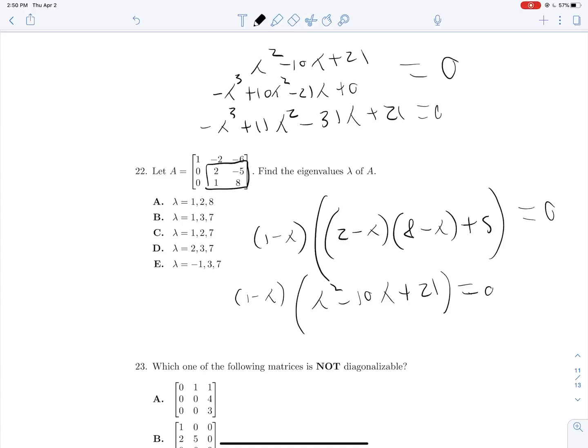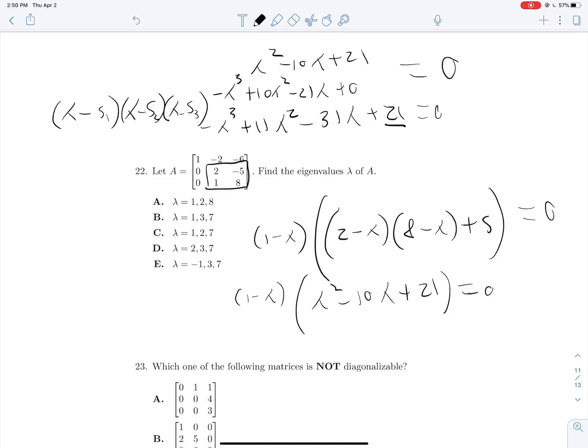And before anybody has a heart attack here, first of all, if they ever make us factor some expression like this, some polynomial of order 3, there's a good reason for it. And in this case, that good reason is that all we have to do is recognize that this 21 here means that these solutions must multiply together to be 21, because we will end up with lambda minus our solution 1, I'll just call it S1, lambda minus S2, lambda minus S3.